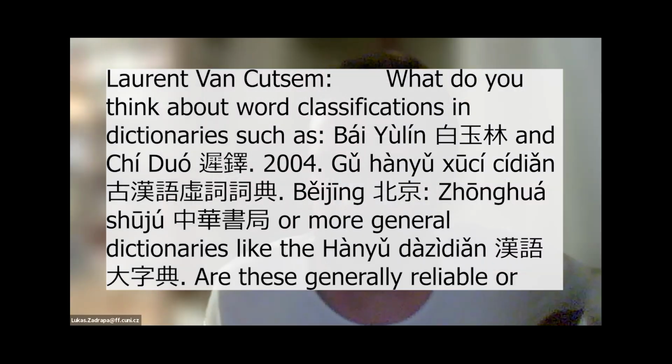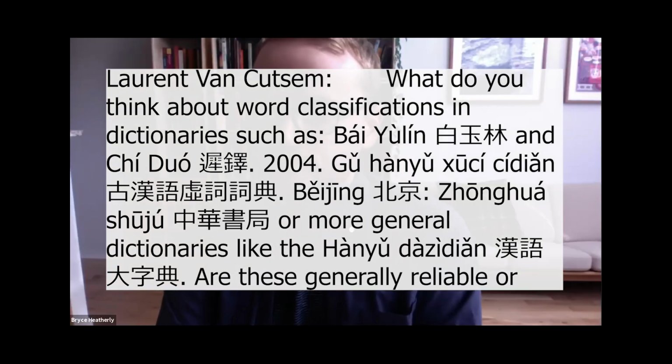Okay, this is what I think about word classifications in dictionaries. In general, I'm quite skeptical about classifications of words in dictionaries with respect to word classes. I have seen too much in the domain of word classes to trust them fully. But I think basically it is useful.